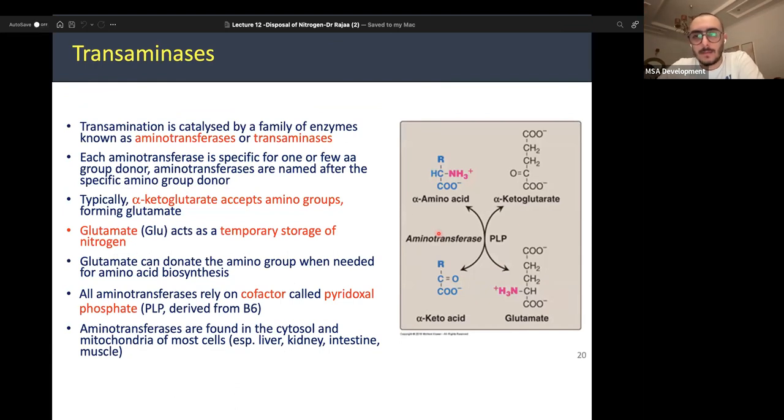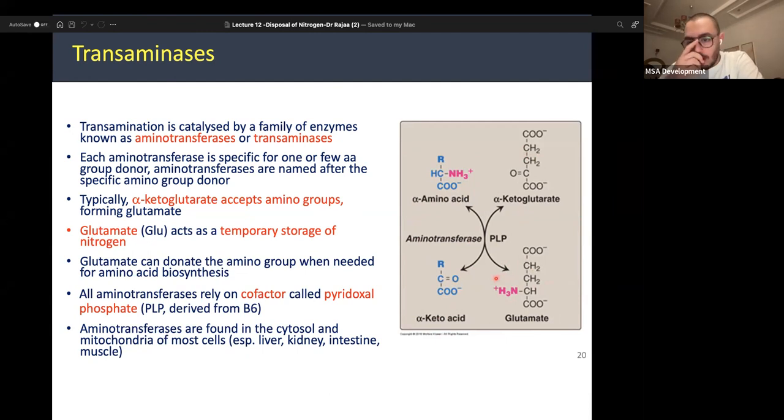Also memorize the examples, because the examples are what you will be asked about, plus the generic is for both. The amino acid and the alpha ketoglutarate, the enzyme, which is the aminotransferase, the alpha keto acid and the glutamate. So we have an amino acid with the ammonium. The aminotransferase will take the ammonium and give it to alpha ketoglutarate to give us the glutamate with the ammonium.